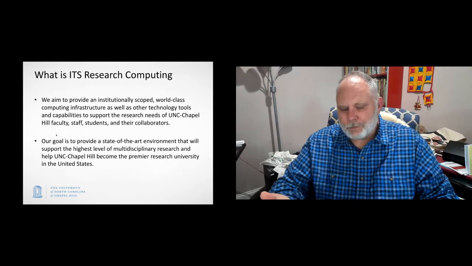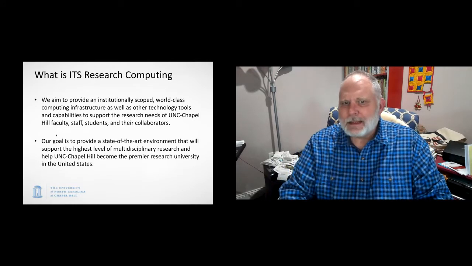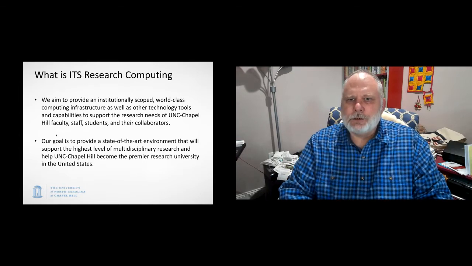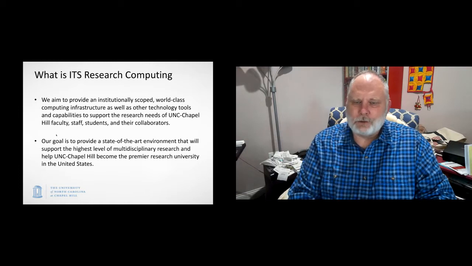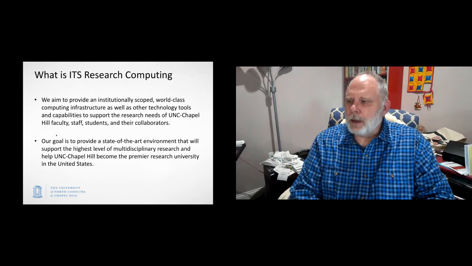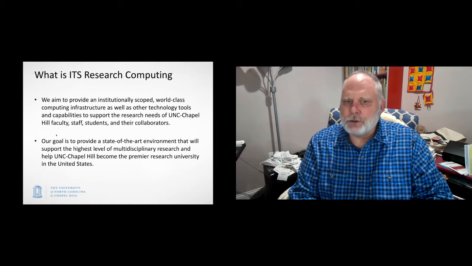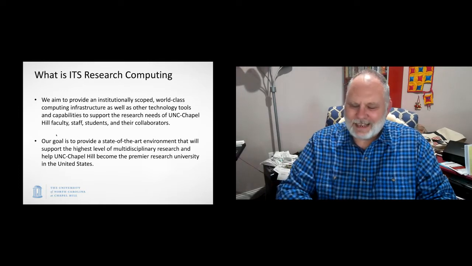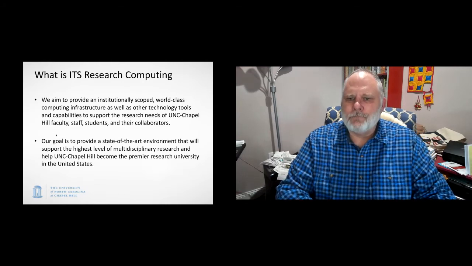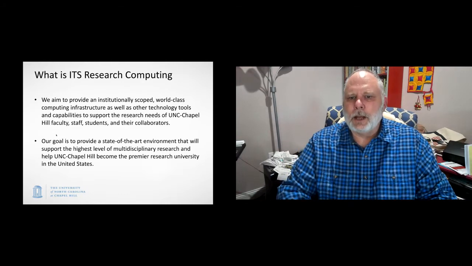Research computing at UNC is central, institutionally scoped, world-class computing infrastructure. We provide that, and we provide other technology tools and capabilities to support the research needs of anyone who's affiliated with UNC at Chapel Hill.